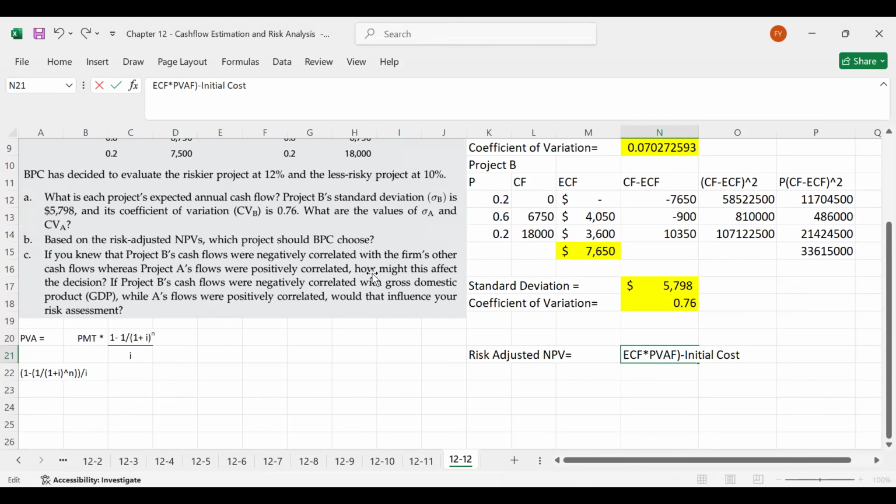So this is the formula of risk adjusted NPV.